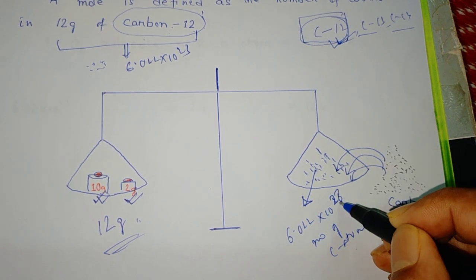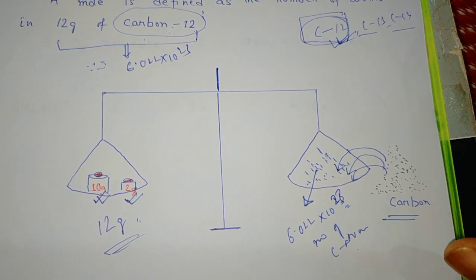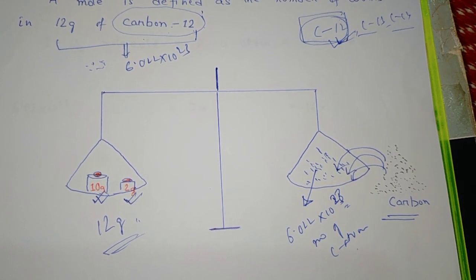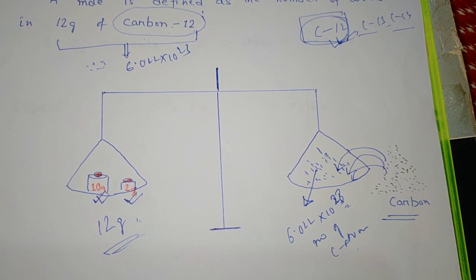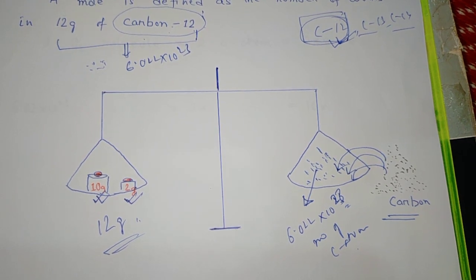So what we have got, students, is that if we consider 12 gram of carbon, and on one pan of your balance you have used the 12 gram weight, and on the other pan you go on adding carbon one after another, then both sides will balance. That means for 12 gram we have to give 6.02 × 10^23 carbon atoms.